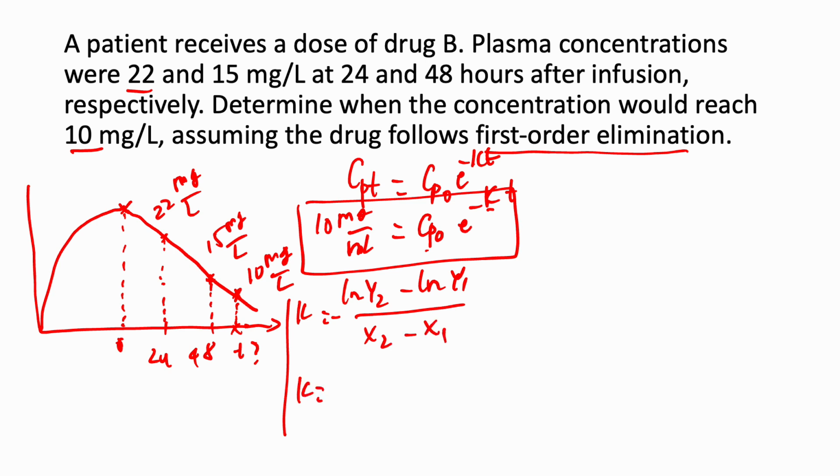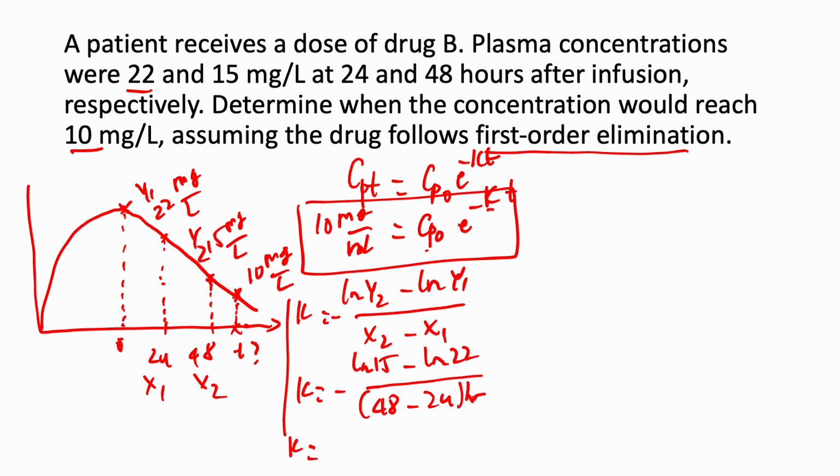If I call x1 with y1, and x2 with y2, then K is the negative of natural log of 15 minus natural log of 22, divided by 48 minus 24 hours.